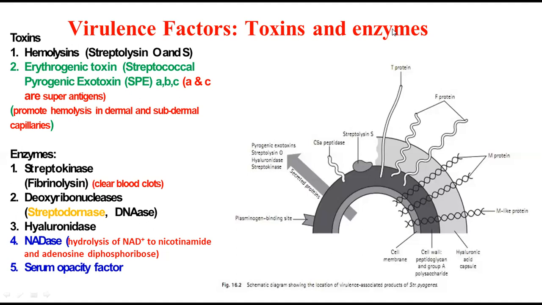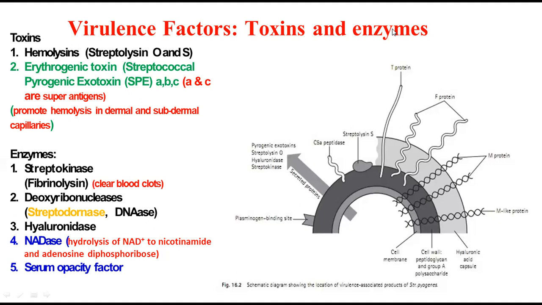When blood clots are produced inside the body, it can destroy them. Keeping this in mind, it simply means that due to streptokinase, these bacteria can easily move from one place to another.